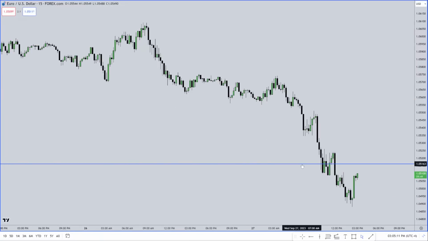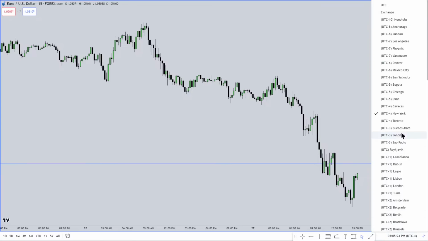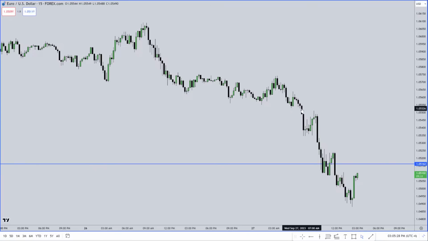15-minute time frame. Okay, nice little drop in here. What time of day is this? Right there. 7 a.m. Always time is New York. I don't care where you live. Okay, so we have the sell side imbalance, buy side inefficiency. That's broken up over 2 candles on the 15-minute time frame.